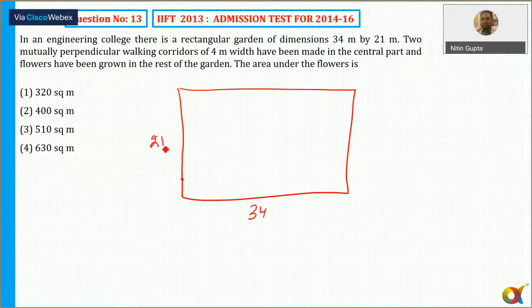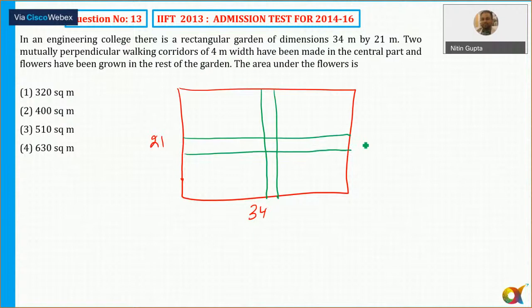Two mutually perpendicular walking corridors have been made in the central part. It is like that. This is 4 meter. And flowers have been grown in the rest of the garden. So I need to find out the area under the flowers.